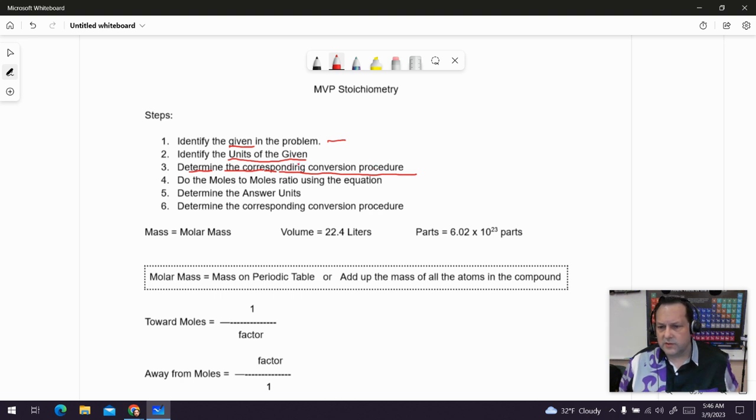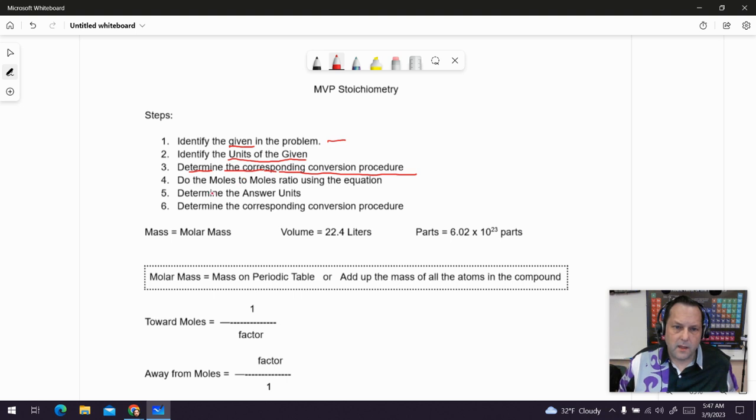So if I have to go from grams to moles, I have to realize that. Basically, in order to do any of the stoichiometry, you have to get to moles, one way or another. So if that means you have to go from grams to moles, from atoms to moles, whatever you have to do, that's what you have to identify. This is what I have to do.